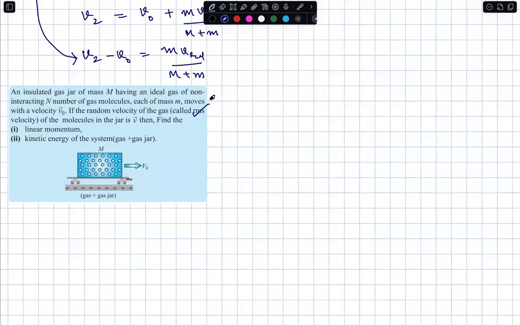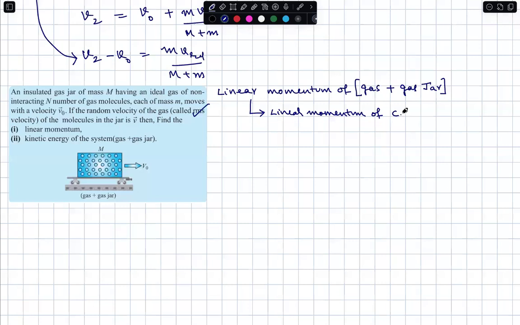Then find the linear momentum of the system, gas plus the container, which is called the gas jar. What is this? This is nothing but the linear momentum of the center of mass of the system.